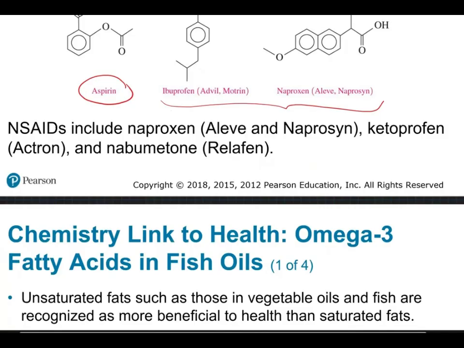Now, some of the things here. Ketoprofen is sort of a very modified version of ibuprofen. To my knowledge, ketoprofen is not an over-the-counter medication in the United States, and I'm not even sure if it's allowed because side effects are much more dramatic. Okay?